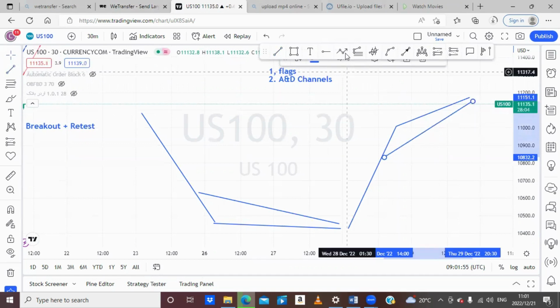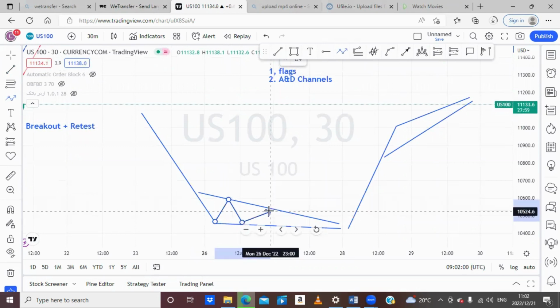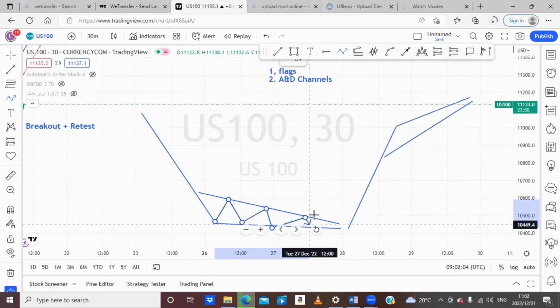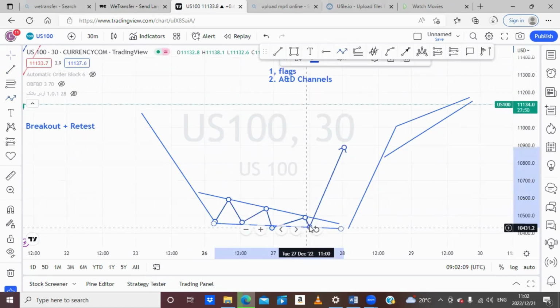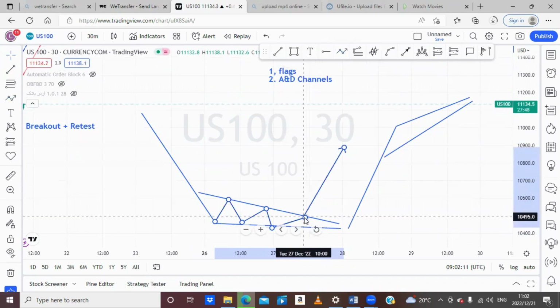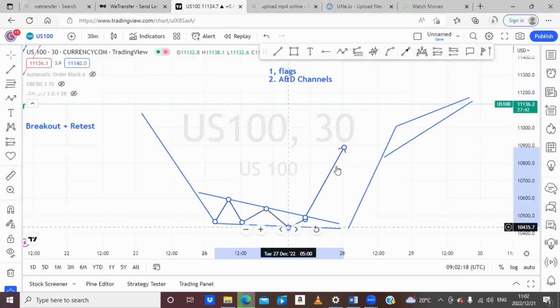Understand? So you're going to have a chart moving like this between your support and resistance, then it breaks out. But most of the time, you're most likely to have only 3 touches before the breakout.